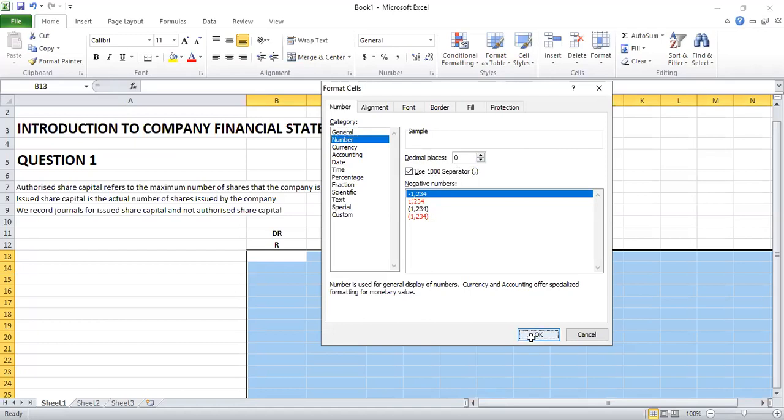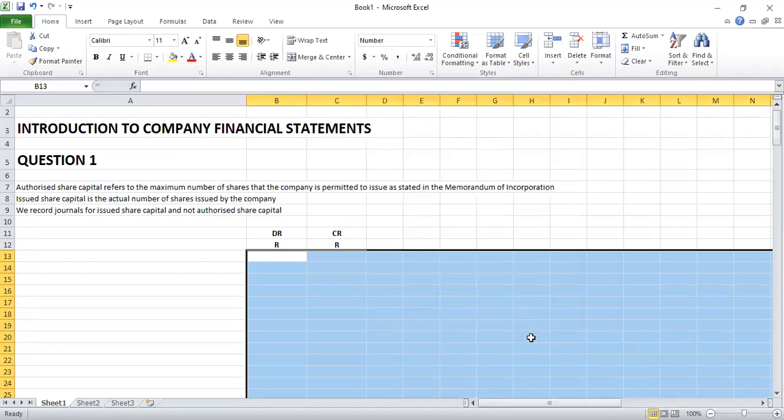Right. So all the time that a transaction happens regarding the issues, we have to make a record. Right.